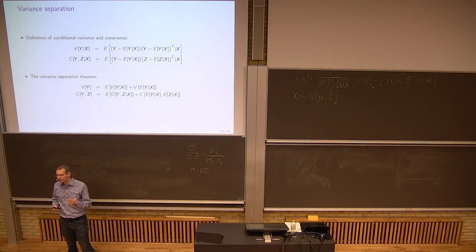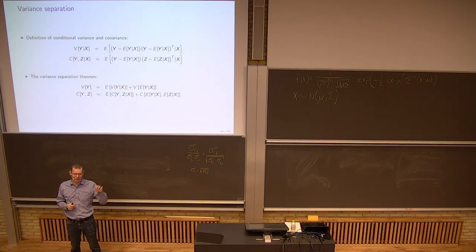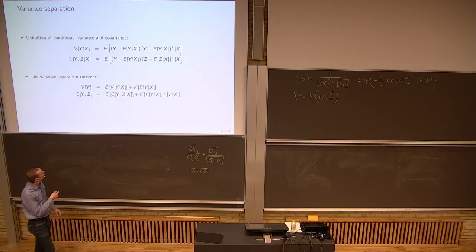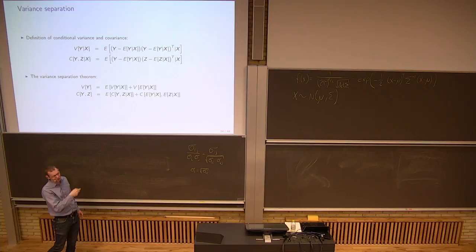Well, because sometimes in reality, you know that something depends on something else. You're interested in the variance of this, but there's dependence on this other thing. And if you know this other thing, this relation is easy. But then you have to make sure that you don't just take one of these terms, but you take both. You have to take the conditional variance of the link between the two, and you also have to take the variance that comes directly from x.